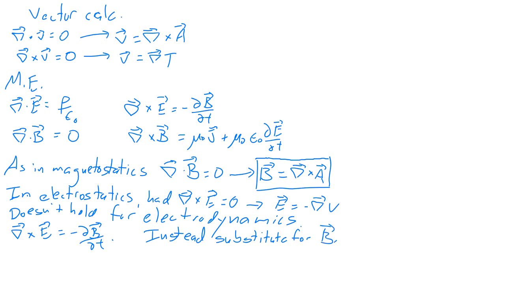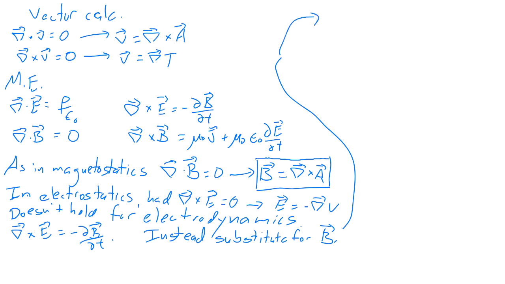Right, what are we going to substitute? We're going to substitute in the equation we just reconfirmed, that B is equal to the curl of A. So we can write this down, and I'm going to take this and go up to here.